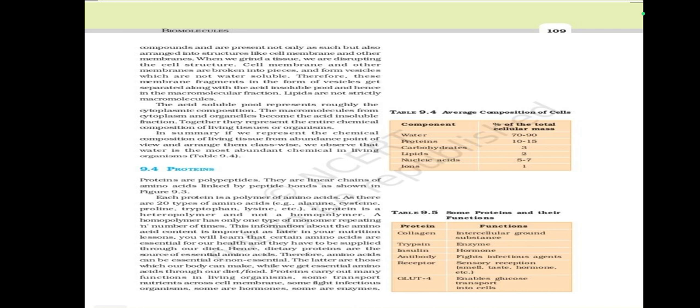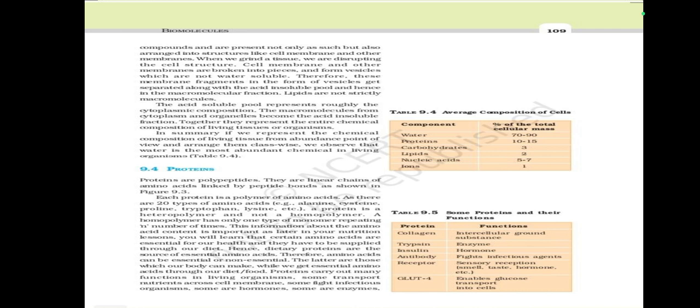In summary, if we represent the chemical composition of living tissues from abundance point of view and arrange them classwise, we observe that water is the most abundant chemical in living organisms. Table 9.4.